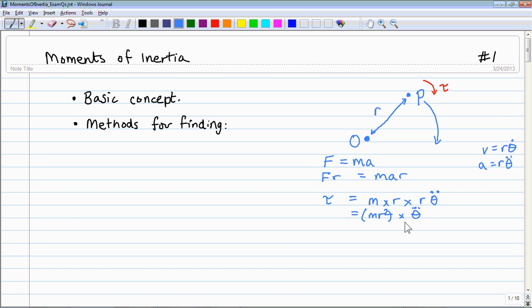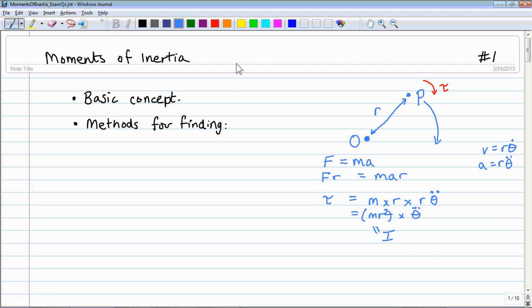So that's why we think of the moment of inertia of a single particle rotating about a center at a radius r and having a mass m. We consider that its moment of inertia, which we label I, to be mr squared, and that is the basis of all other moment of inertia calculations.